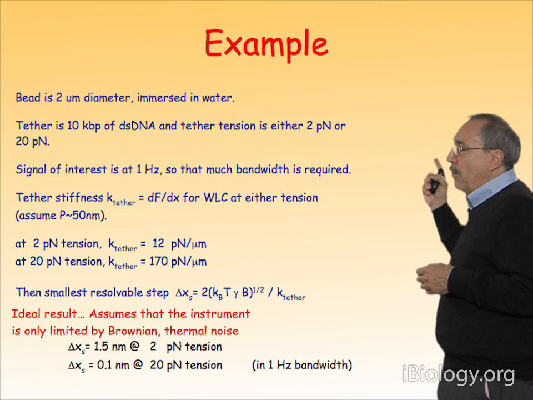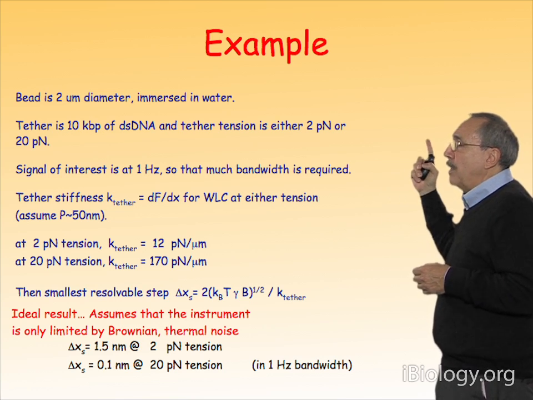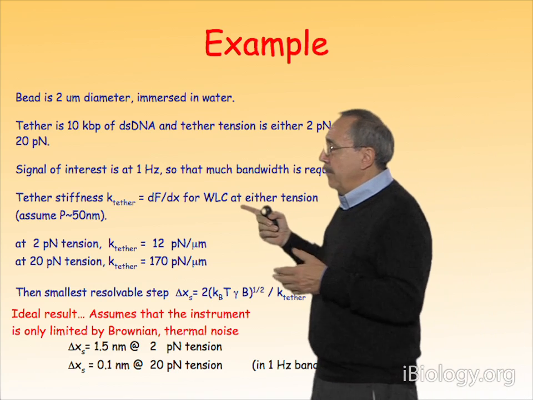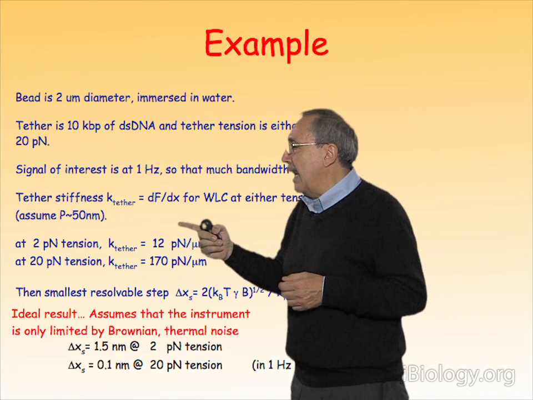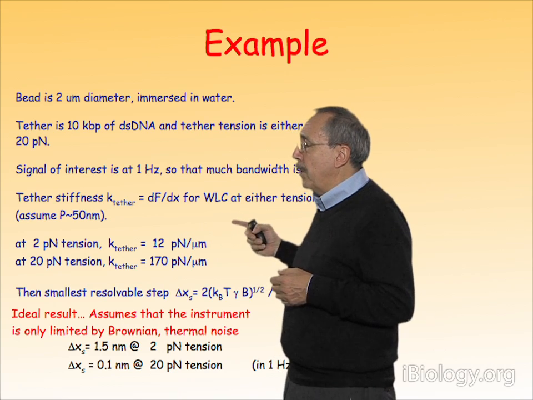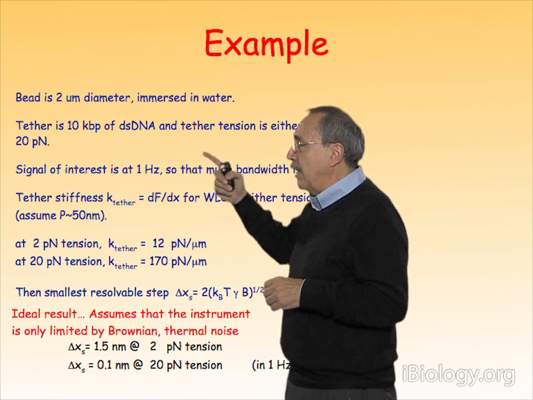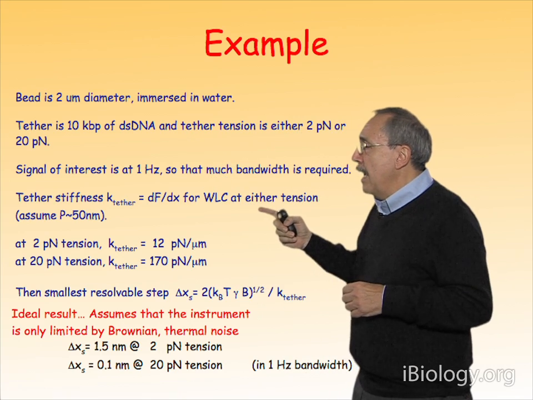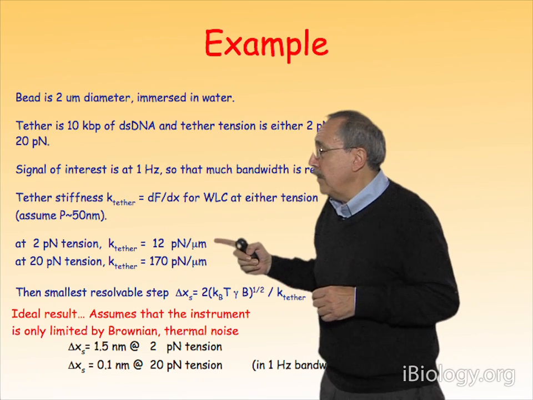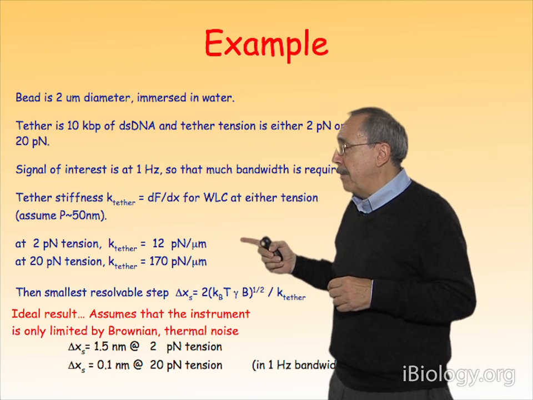Then you can ask, what is the stiffness of my tether at 2 piconewtons of force or at 20 piconewtons of force? Using the worm-like chain result, at 2 piconewtons of force your tether is 12 piconewtons per micrometer. That's the stiffness of your 10 kilobase pairs of DNA. And at 20 piconewtons, notice your stiffness is 170 piconewtons per micrometer.